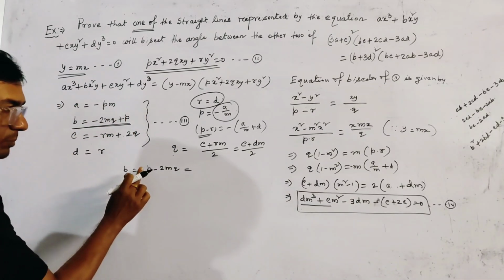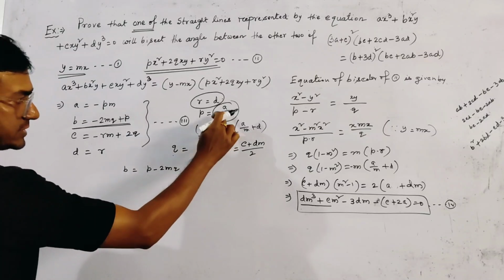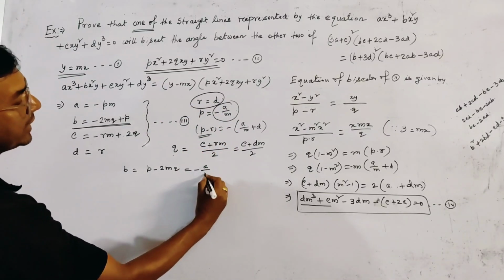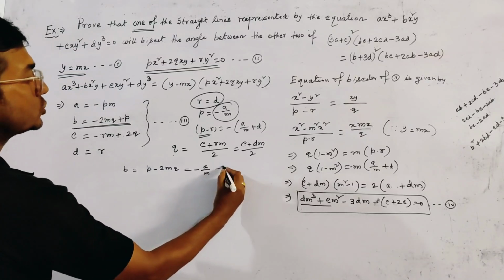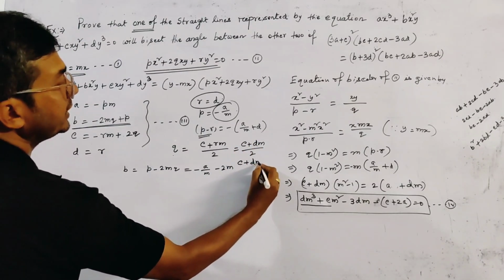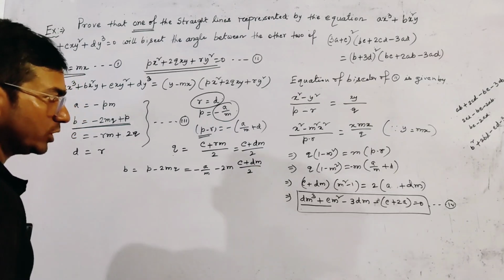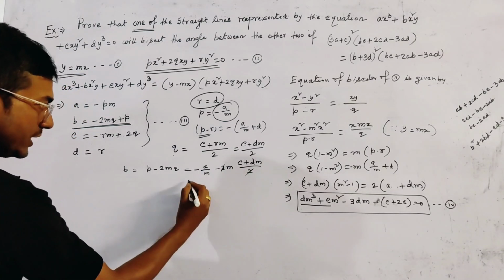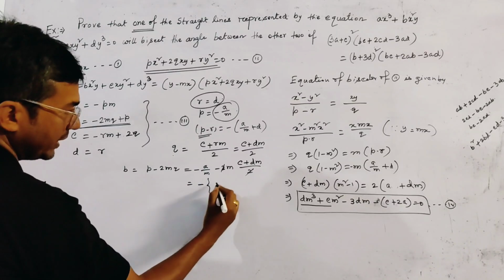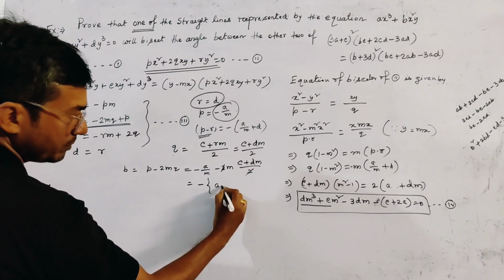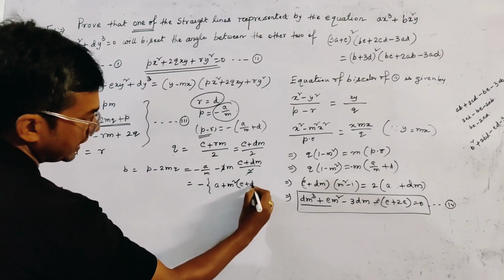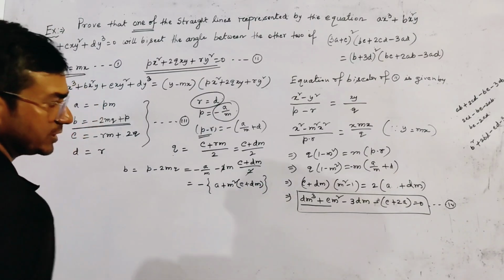Also from the given relation, B is equal to P minus 2mq. Putting the value of P and Q from this and this, we get the relation as minus A by m minus 2m into Q. The value is C plus dm by 2. Okay, 2 cancels out and we get the result as minus A plus m square into C plus dm, right?